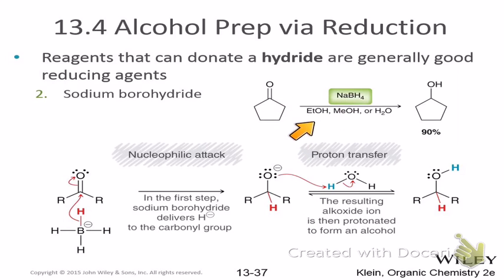It draws electron density, because it's more electronegative. So CC double bonds, just alkenes, are nonpolar. Aldehydes, ketones, carboxylic acids, amides, esters, and so on are polar. The polarity is caused by the presence of an oxygen instead of a carbon.